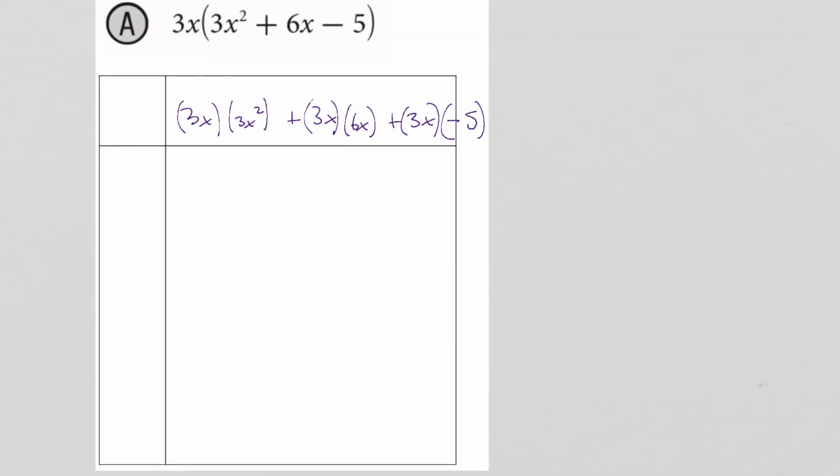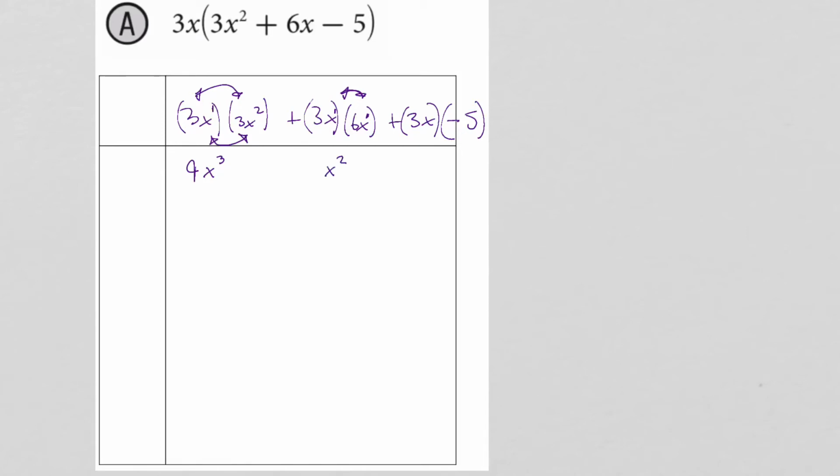So here we go. We've distributed this stuff, and if I take 3 times 3, I get 9, and then I get x to the first times x squared. You can add the 1 and the 2, so that's x to the third. And this is like 3x to the 1, 6x to the 1. We just learned this last chapter. If I'm multiplying things with exponents, the exponents can be added.